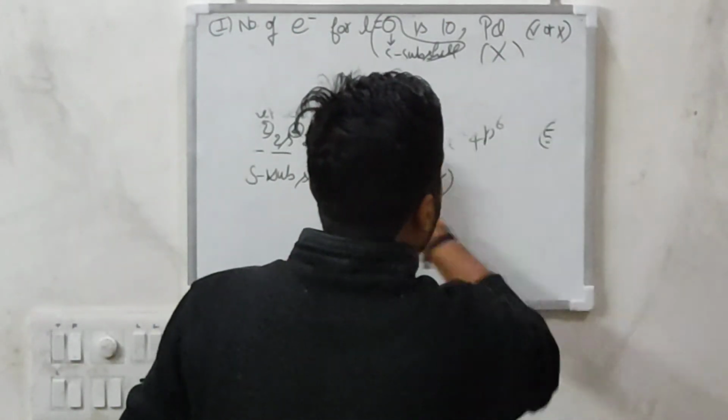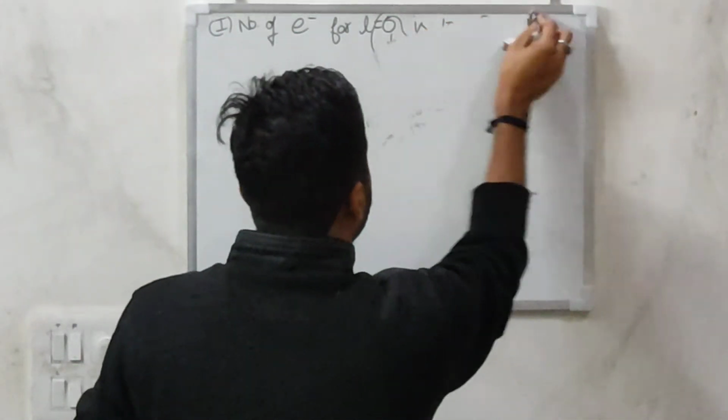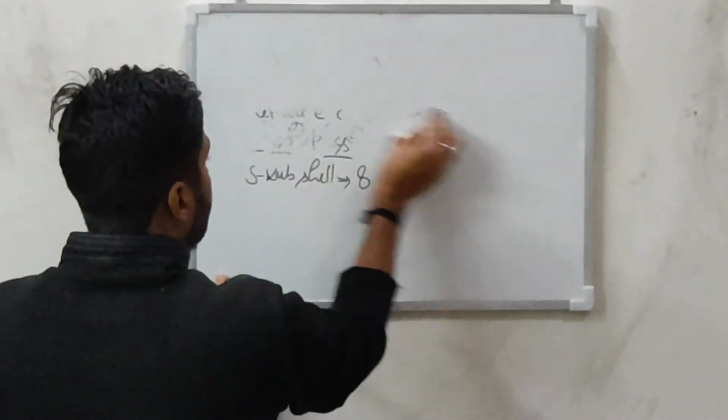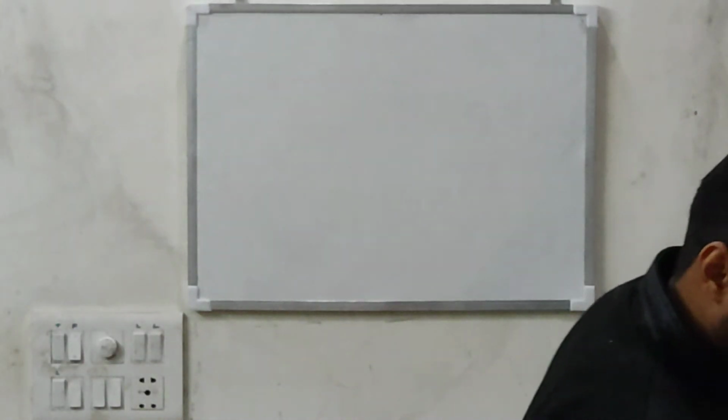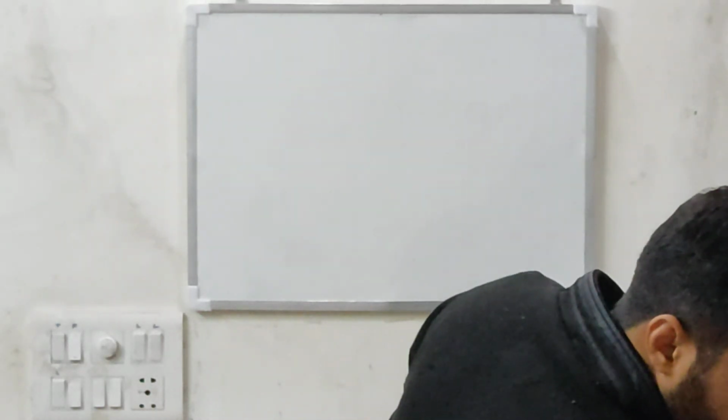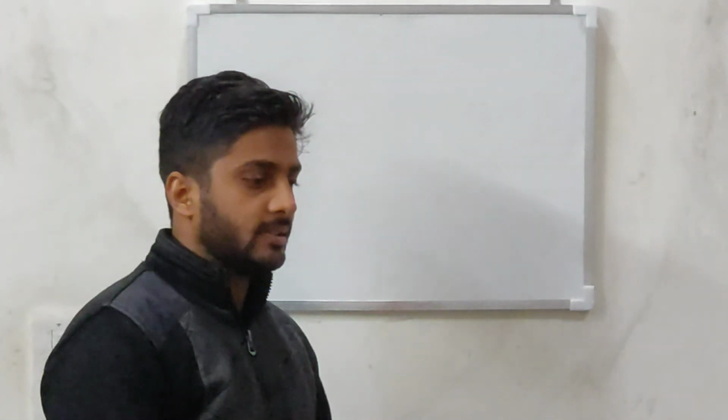Further, we move to our next question, which is: the value of Z effective for the 3d electron of chromium and manganese is the same, as the number of electrons in the d subshell of chromium and manganese are the same.